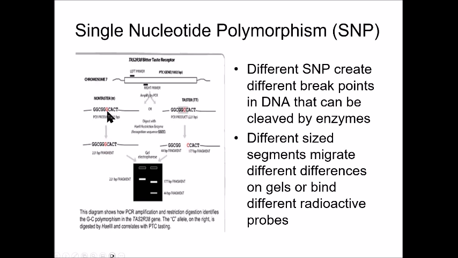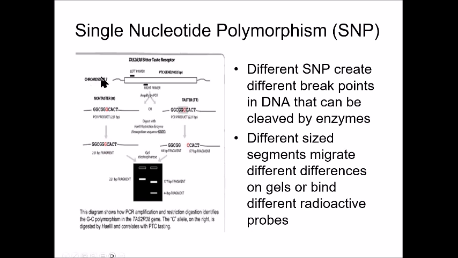So here the SNP is a G, here it's a C. So the enzyme lets this remain as one long DNA strand, and this is split in two. So on the gel, this person is different because the two fragments go further because they're smaller. Repeat that thousands and thousands of times, then you can create the DNA fingerprint for each person.